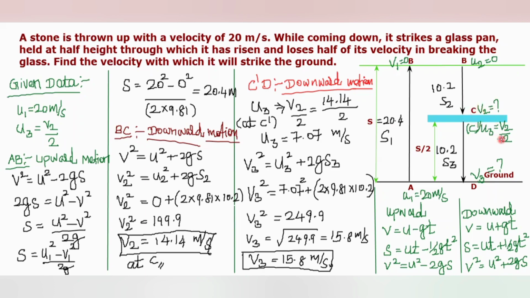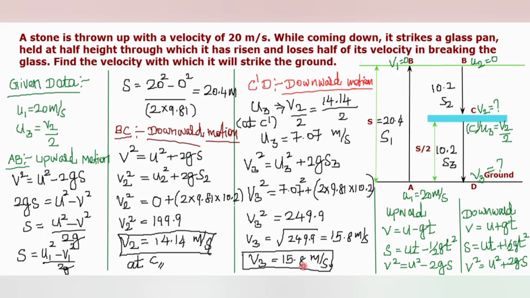So here we calculated the velocity at which it is going to hit the ground, that is 15.8 meters per second. If the glass pane is not there, it will hit the ground with 20 meters per second, which is the same as the velocity with which it was thrown upwards. So due to the breaking of the glass pane, the velocity decreased from 20 meters per second to 15.8 meters per second.